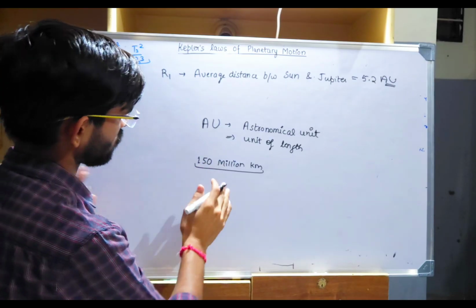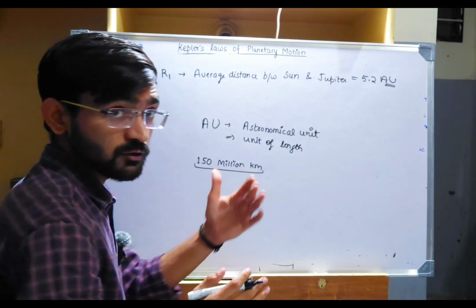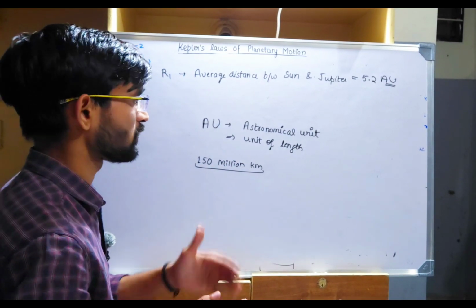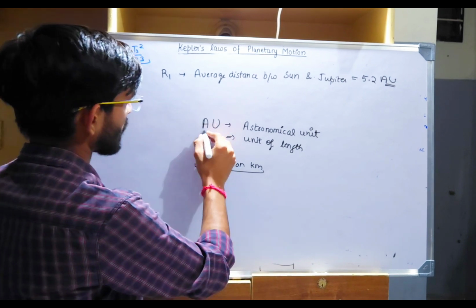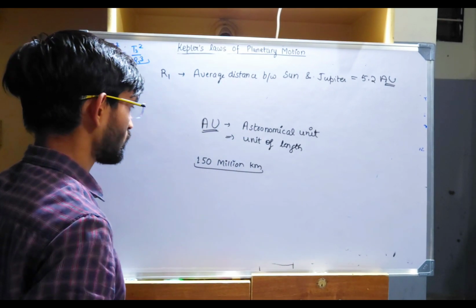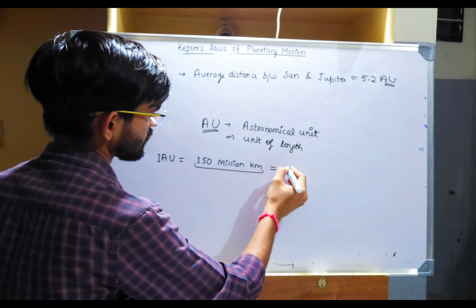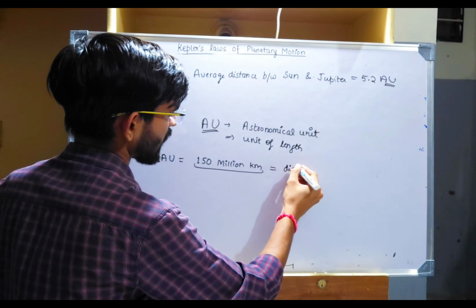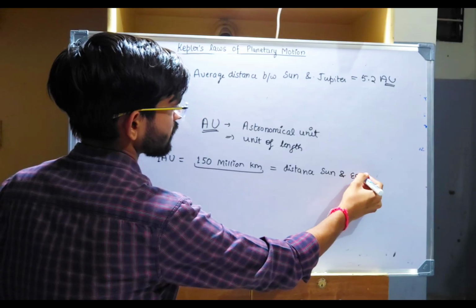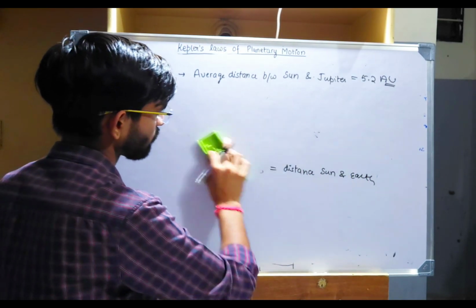If you write this huge value in terms of meters, you will get a very huge number and a very tricky and difficult calculation. So to make calculation easy, another unit is introduced. This is called the astronomical unit, and 1 AU is equal to 150 million kilometers, which is the average distance between the Sun and Earth. Astronomical unit is just a unit of length.